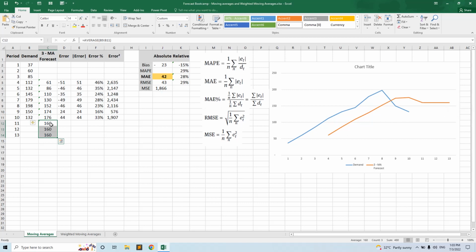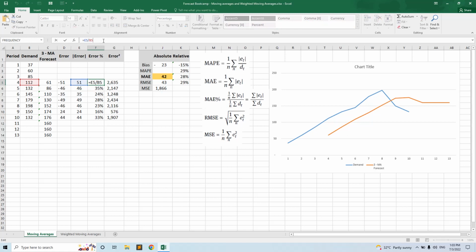Now that we have created this forecasting method, we have to measure its accuracy. So we will calculate some indicators. We have the error, the forecast minus demand. We have the absolute error, to remove the negative signs.